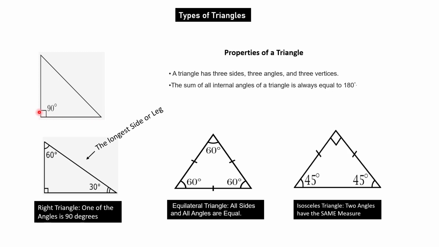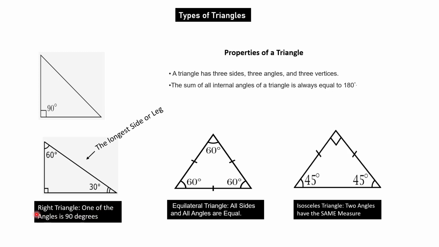And this is the height of the triangle. Right? Now, there are 3 sides, or you could also call them 3 legs. And the sum of all internal angles of a triangle is always equal to 180 degrees.